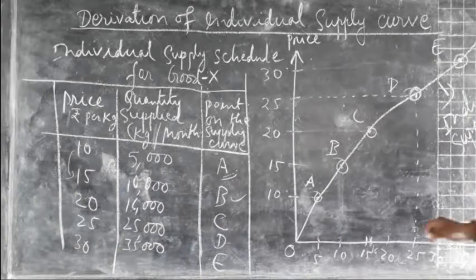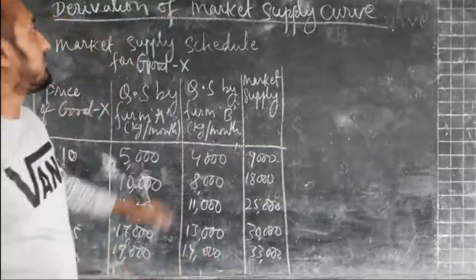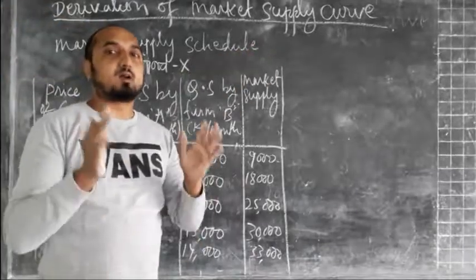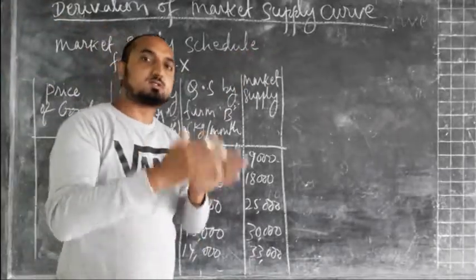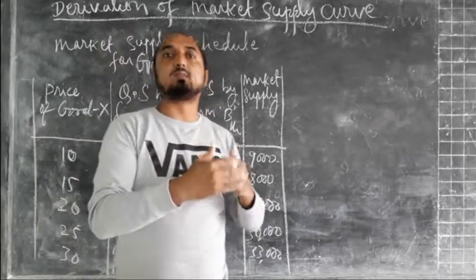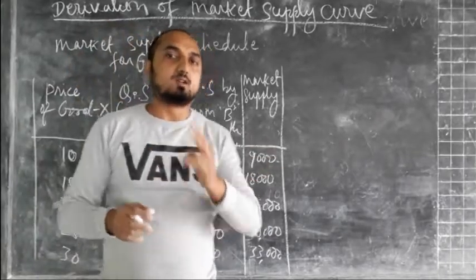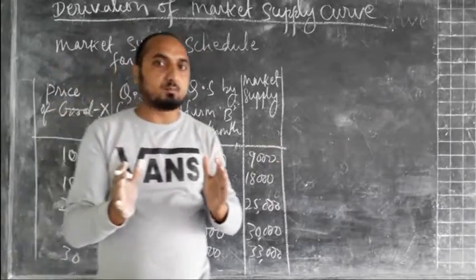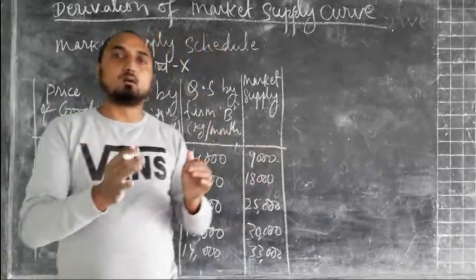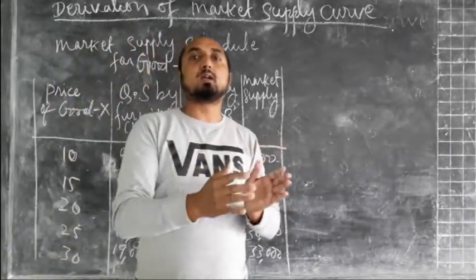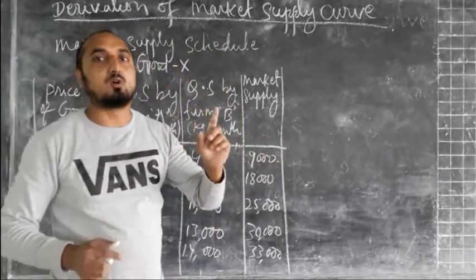Next, I am going to derive the market supply curve from the market supply schedule. The process is the same as how we derived the individual supply curve from the individual supply schedule. The difference is that in the case of the individual supply schedule or supply curve, the quantity was supplied by only an individual seller or producer.